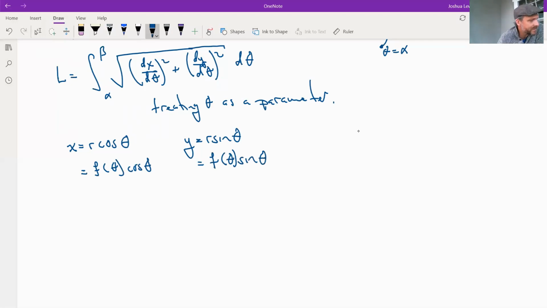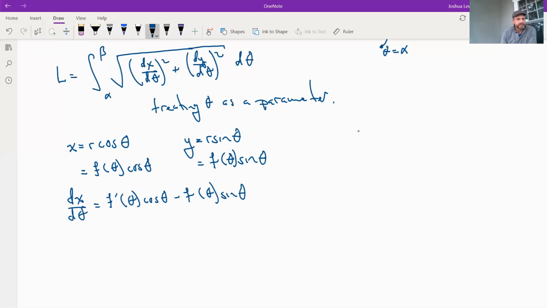Well, what is this equation going to become then? Right, dx/d theta would be f prime of theta cosine theta minus f of theta sine theta.